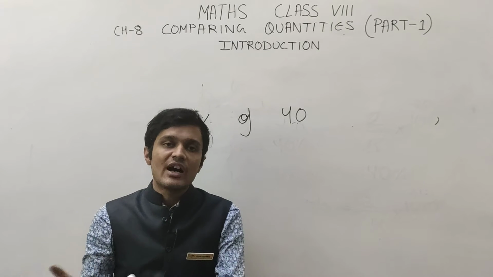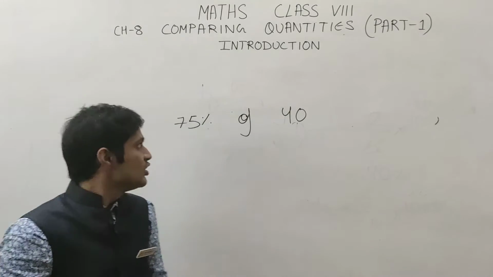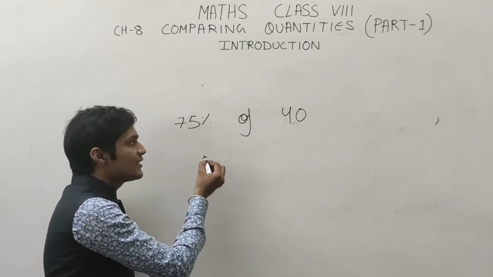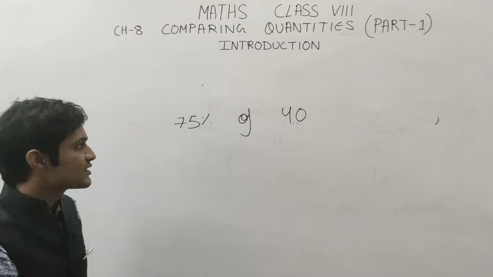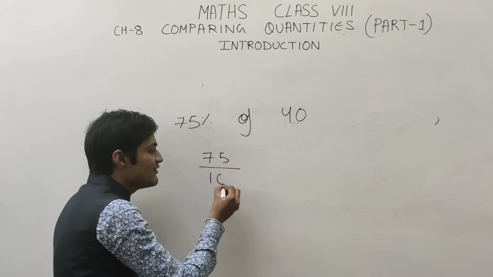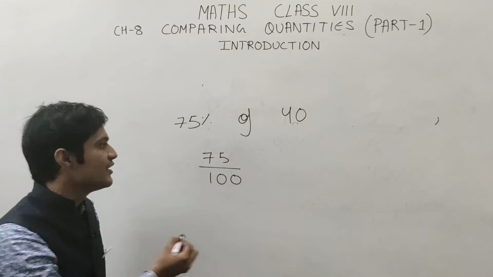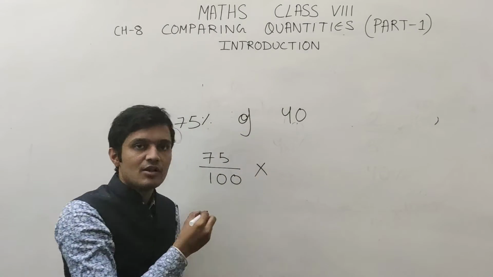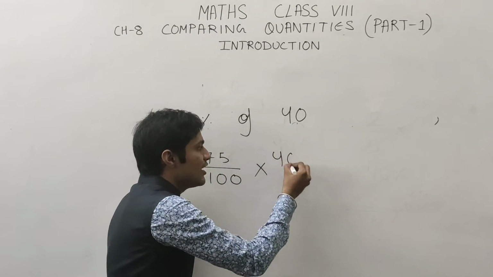So how many marks did this student get? So we can calculate the marks by using this conversion. 75% represents 75 upon 100, of represents multiplication, by 40.